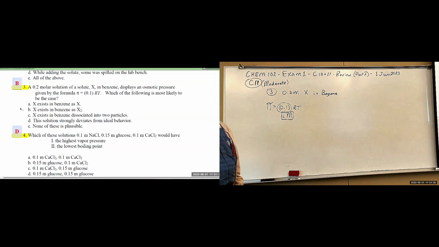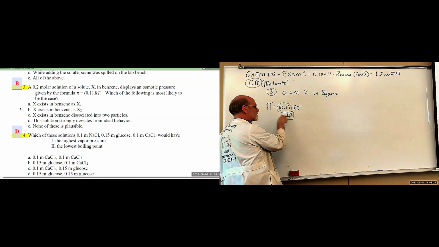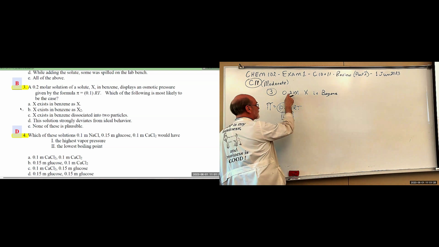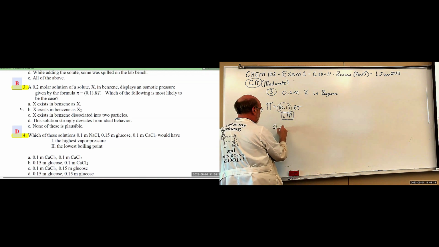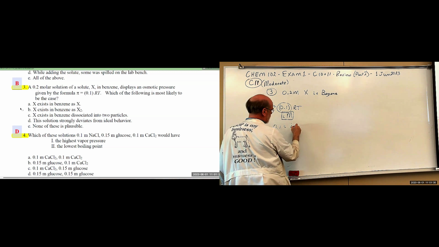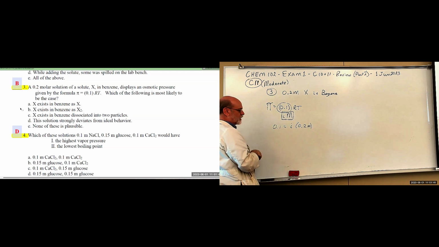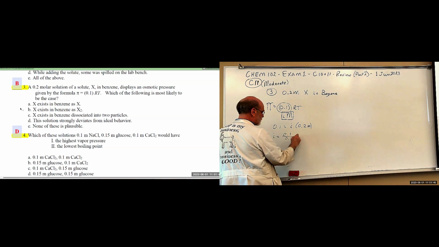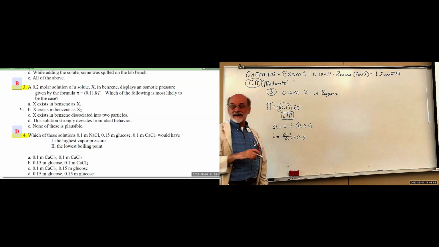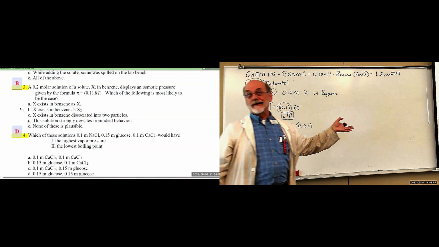Just so we're clear, because it doesn't have M anywhere, this has to be a combination of the two. So if the molarity is 0.2, then 0.1 equals i times 0.2, and what would i have to be? i would have to be 0.1 divided by 0.2, which is 0.5.